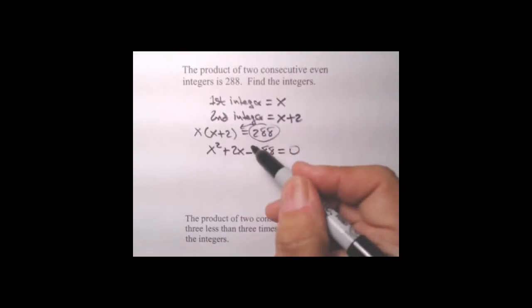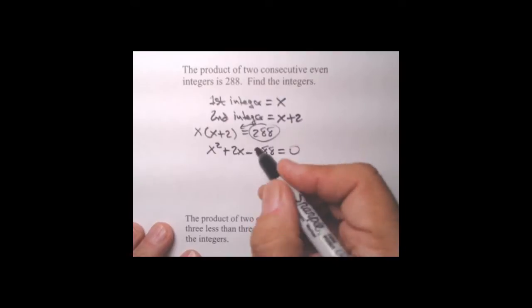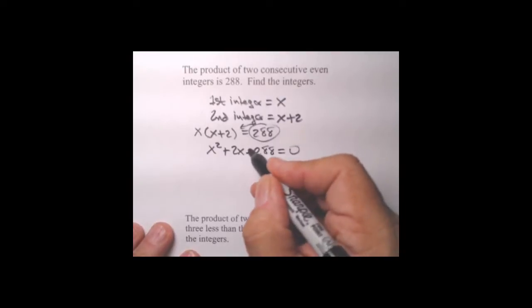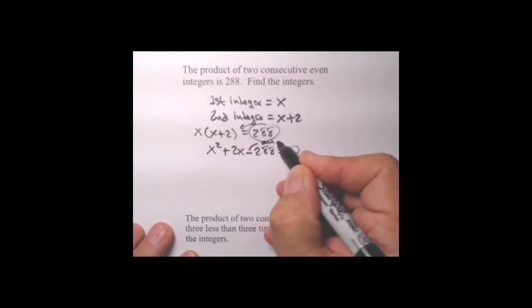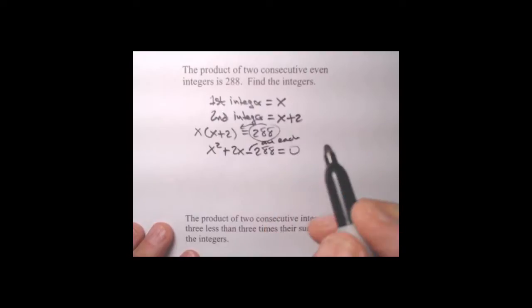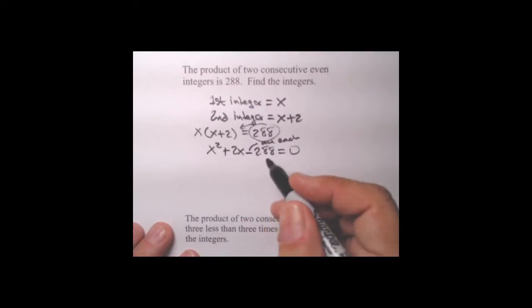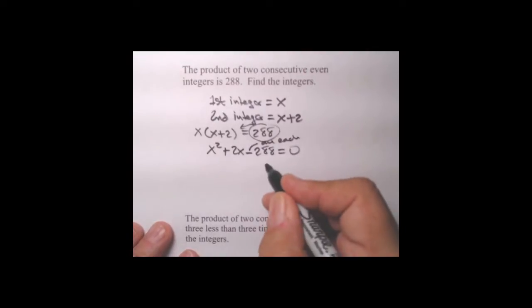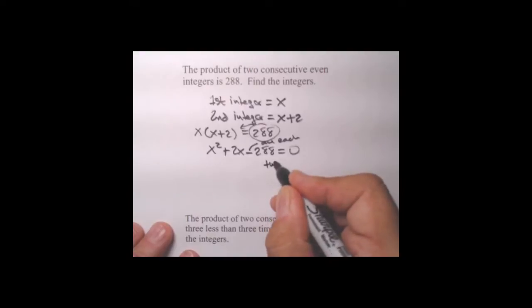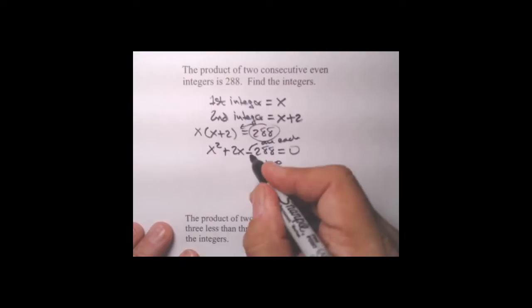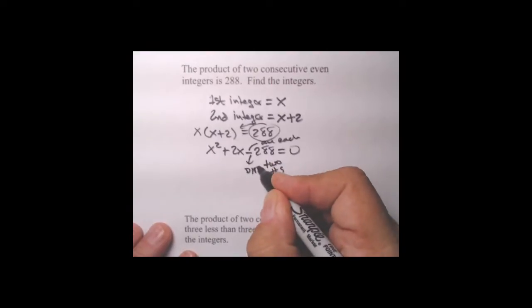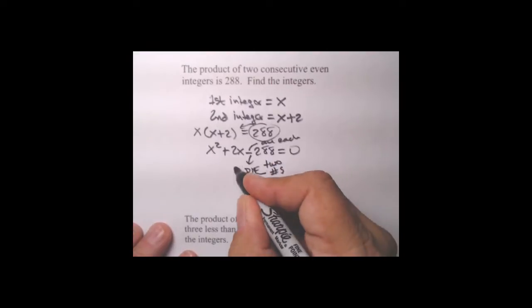Okay, this is going to be a nice little reverse FOIL again. The minus sign right here means the signs are going to be one of each, not uncommon in these problems. But here we go. We want two numbers that are just, see, minus here means the difference is two, numbers that are almost the same.